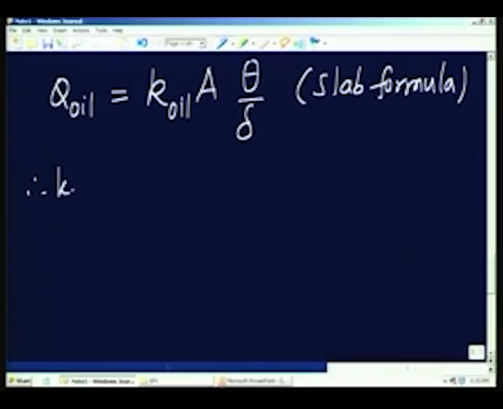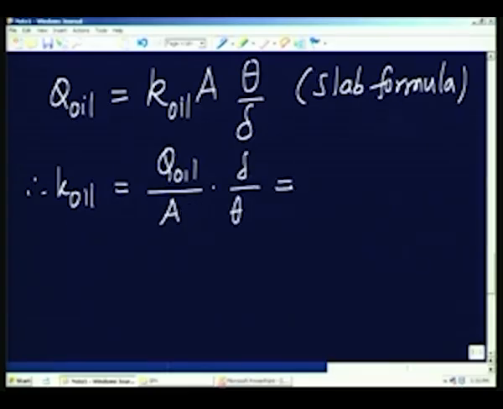Therefore, I can say K of oil is equal to Q divided by A multiplied by delta by theta, and all I have to do is to substitute all the values. This will be 28.65 multiplied by delta, which is 0.3 into 10 to the power of minus 3. It is given in millimeters, so I have to convert it to meters.